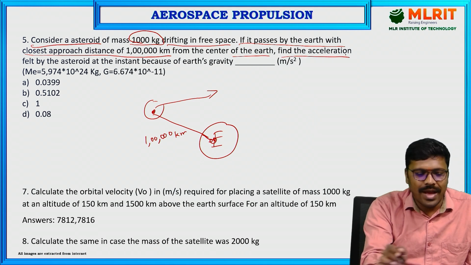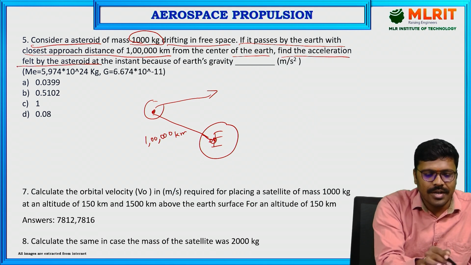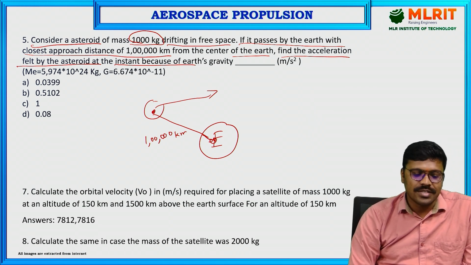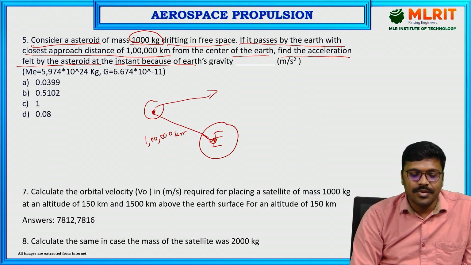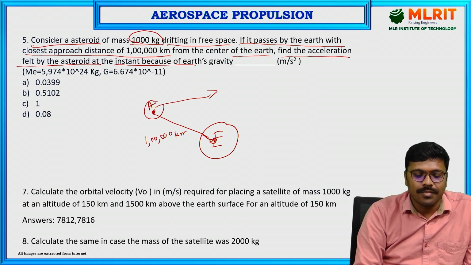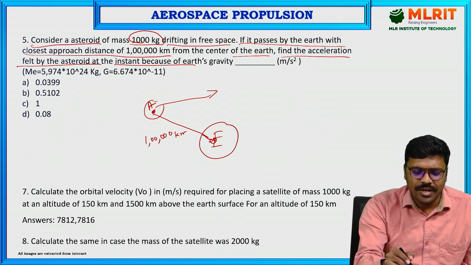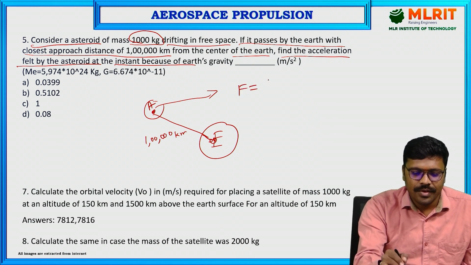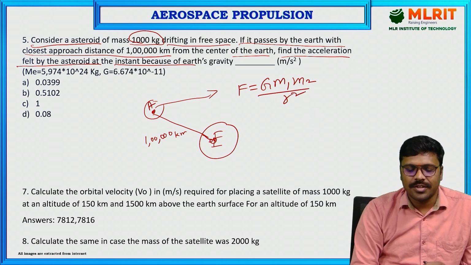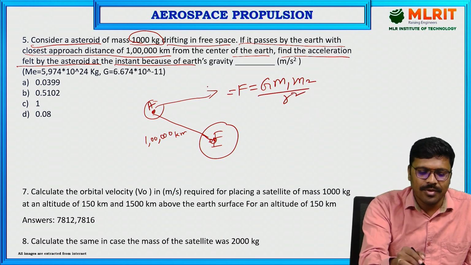Find the acceleration felt by the asteroid at that instant because of Earth's gravity. So he is asking for the acceleration due to gravity acting on the asteroid by the Earth. We know the equation, right? F is equal to capital G m1 m2 by r squared. This is the force acting on the body, which is nothing but the weight.